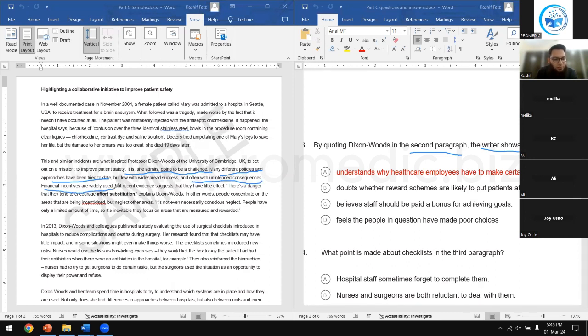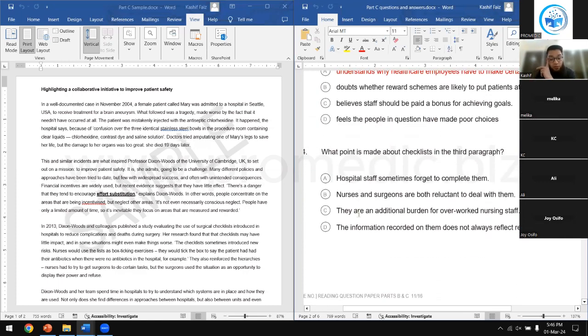Financial incentives are widely used, and again, people concentrate on the areas that are being incentivized. So that is why she understands why healthcare employees have to make certain choices: they are being financially incentivized, there is a motivation behind that. Again, as I said, you have to read very carefully.